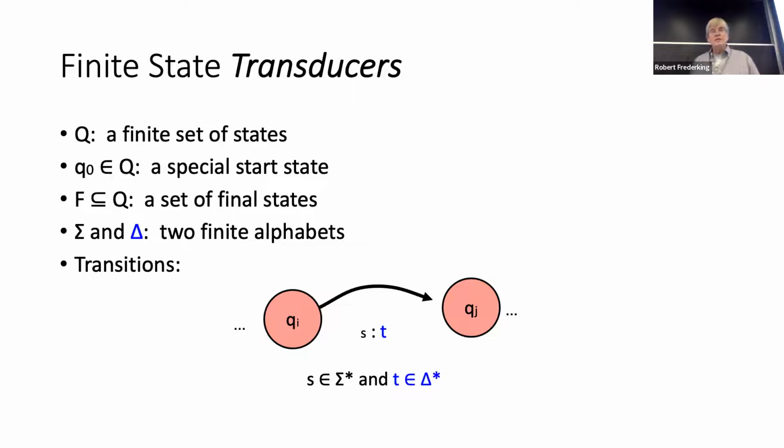And so in order to do this, instead of having a finite state automaton, we have a finite state transducer. And the difference is just that when you transition over an arc, in addition to absorbing one of the characters of the input, you produce a character of the output. Otherwise, it's the same thing.